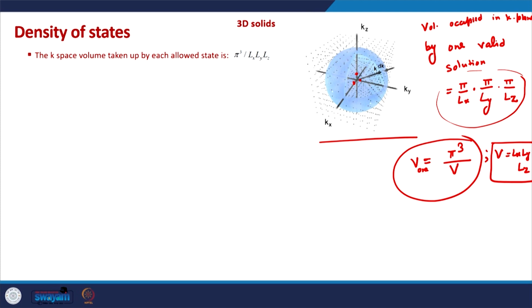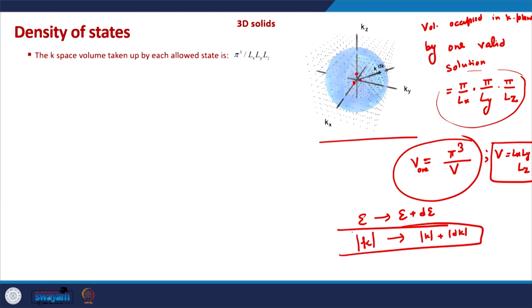Okay. Now, in order to see how many k states would exist from energy E to energy E plus dE, we need to see how many electronic states exist from a certain k point to k plus dk.